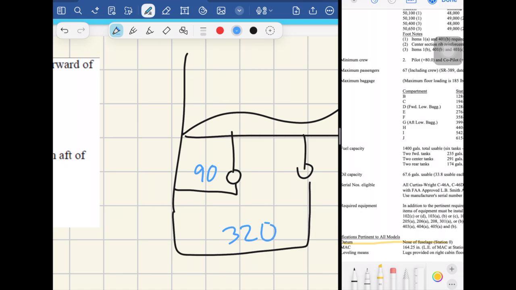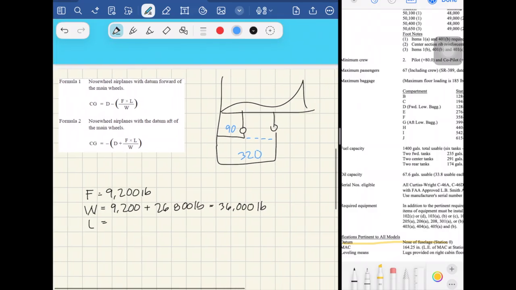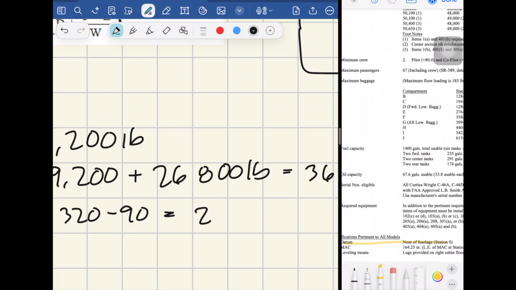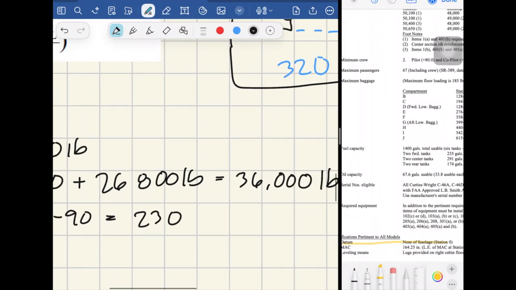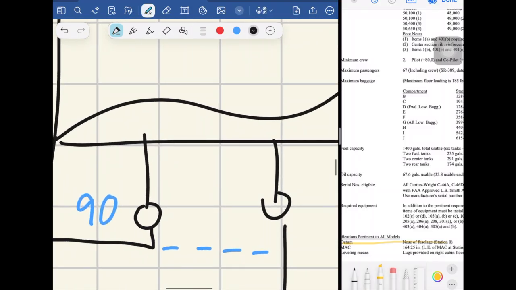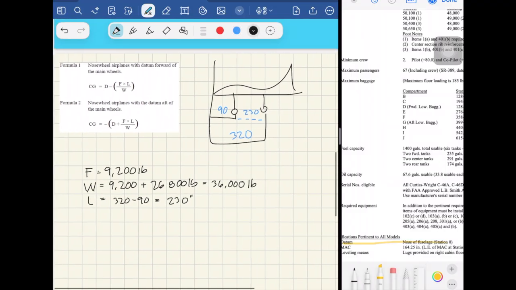Now, to get the distance between the main landing gear and the nose landing gear, we will subtract 90 from 320. So, 320 minus 90 is going to be 230 inches. So now we have a value for L: 230 inches, the distance between the main landing gear and the nose landing gear.